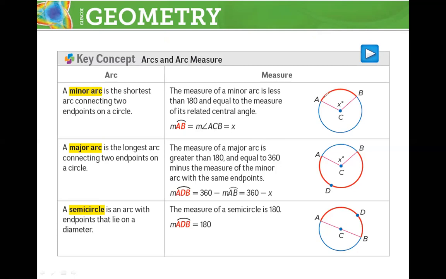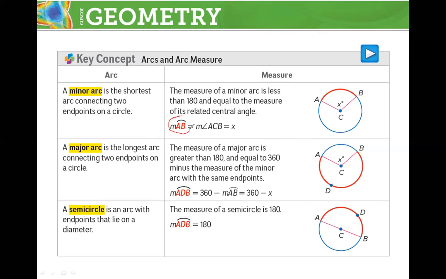So the arc AB is called the minor arc. The arc which is smaller than a semicircle or half the circle, its measure is smaller than 180. It's called AB, and this is the sign of the arc.